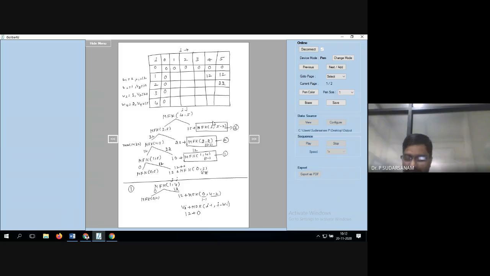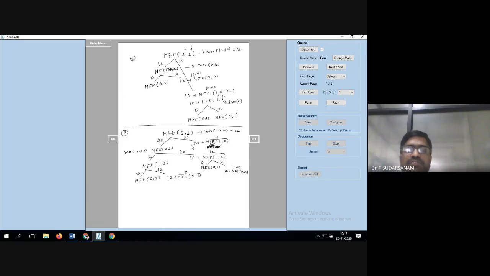So this is nothing but the 22. I just have to keep the same sheet. Same sheet, right? Now, so we got 22. 3 comma 3 is 22.